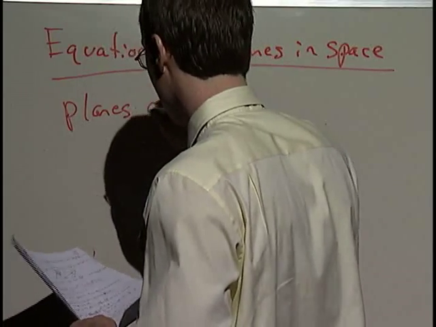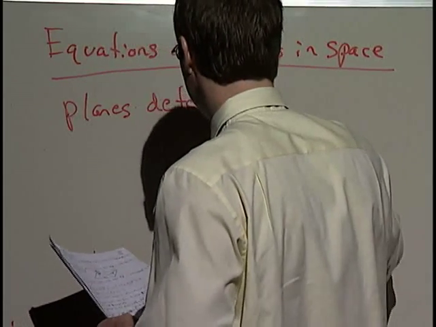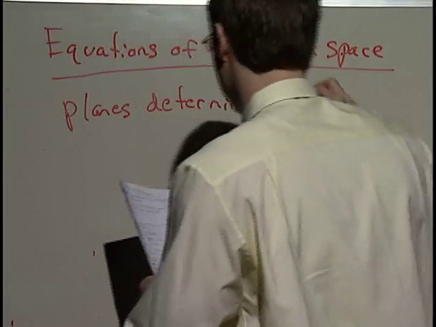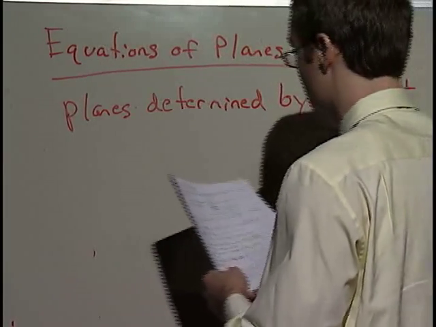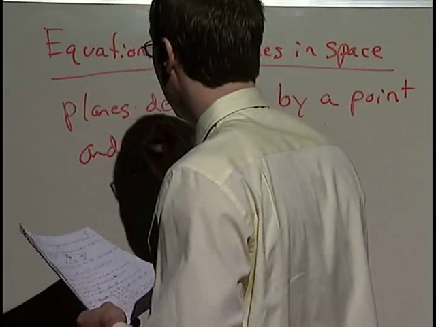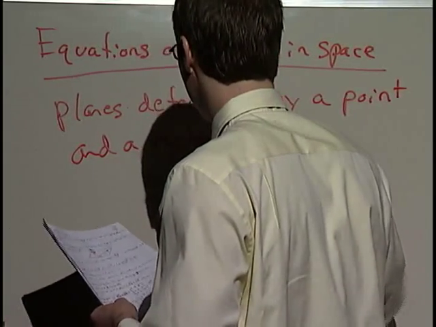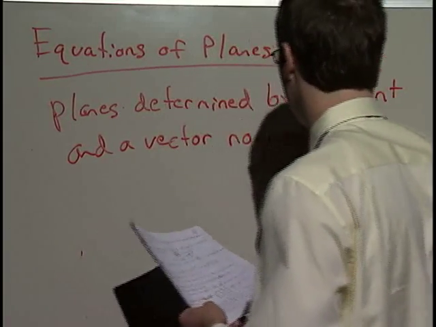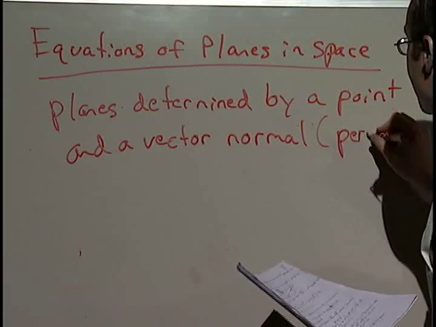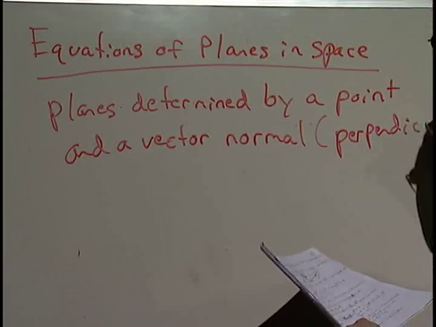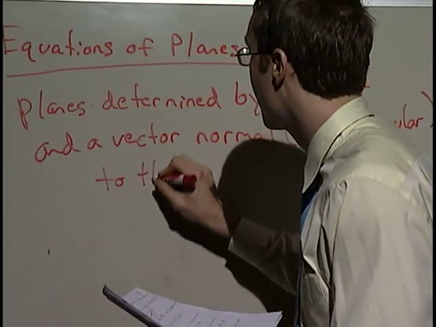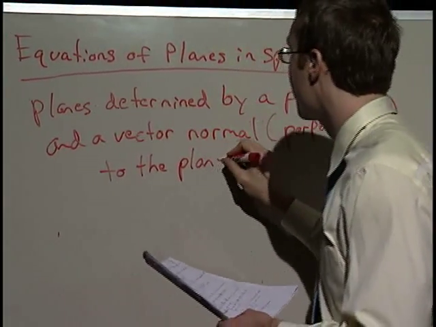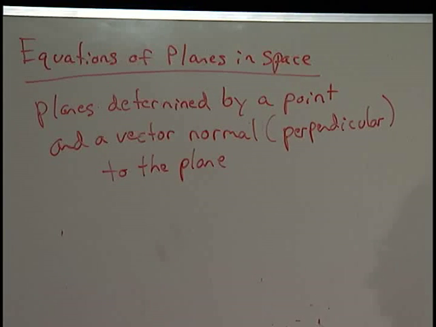Well, I said 3 points, but more than that, they're determined by a single point and a vector which is normal. Of course, normal to us means perpendicular to the plane. So planes are determined by a point and a vector normal to that plane.